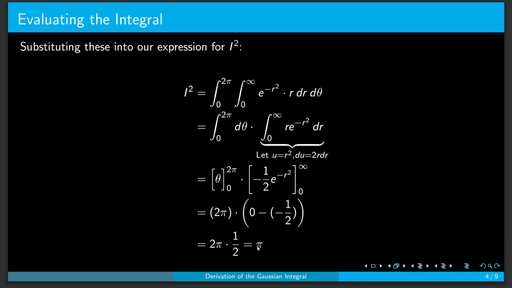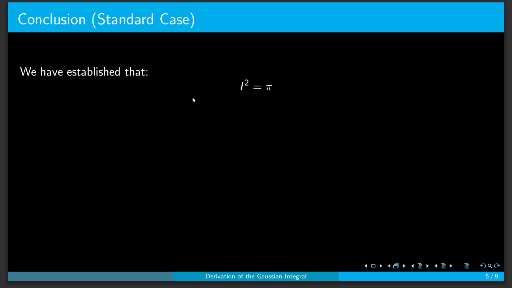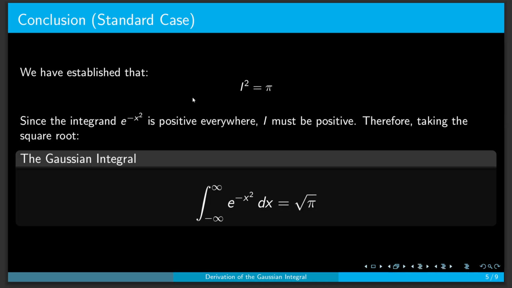Now, this pi equals I squared, and our motive is to find I. So we established that I squared equals pi. Since the integral of e raised to power minus x squared is positive everywhere, I must be positive. Therefore, taking the square root, we get square root of pi.